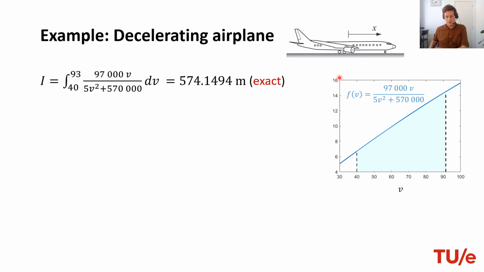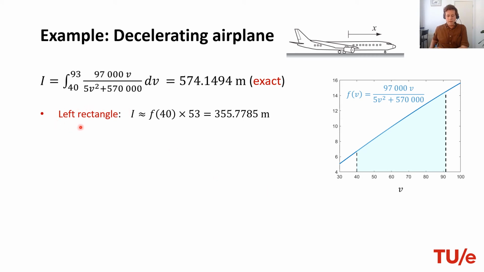We can plot this function f of v between 30 and 100, as shown here. But what we're after is this shaded blue area, the area below f of v between v is 40 and v is 93. We want to use our numerical integration methods to approximate this area. So let's give it a go.